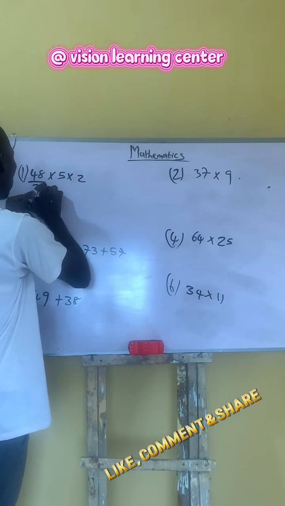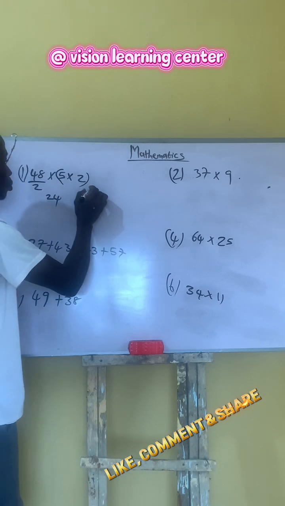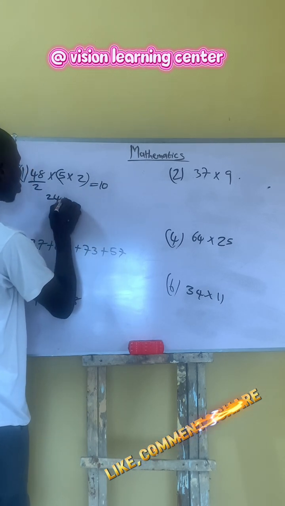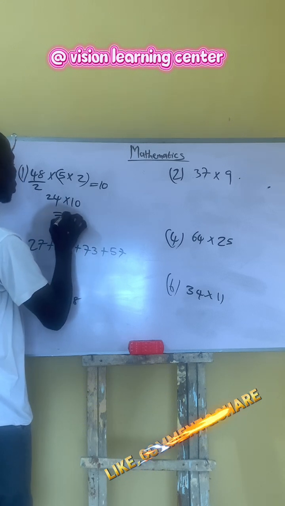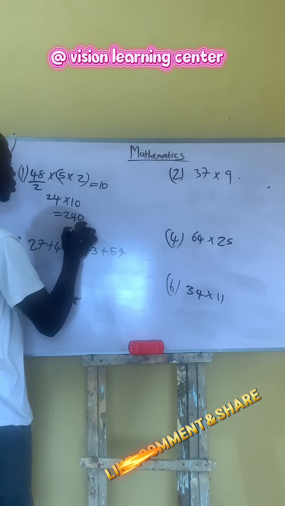If you divided this one by 2, you will times this one by 2 again, which gives us 10. So we times 24 by 10, which will give us 240.